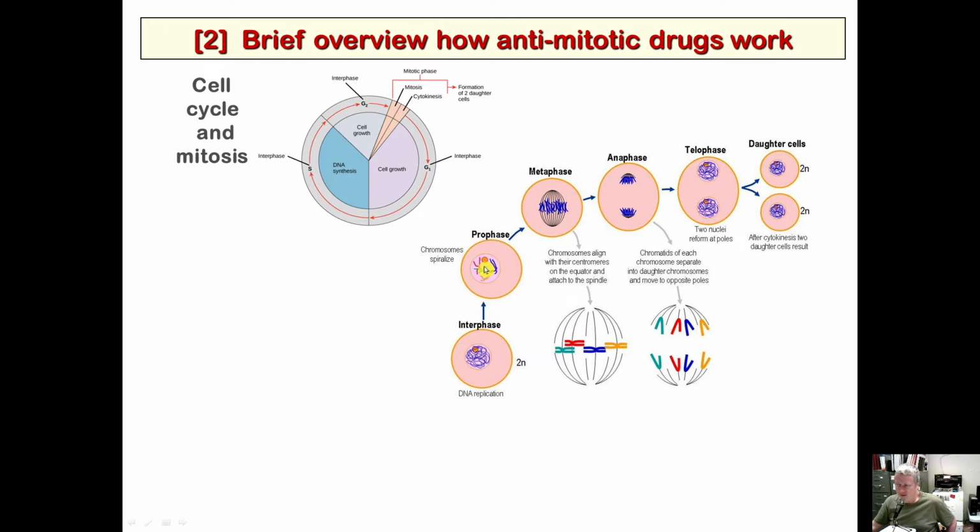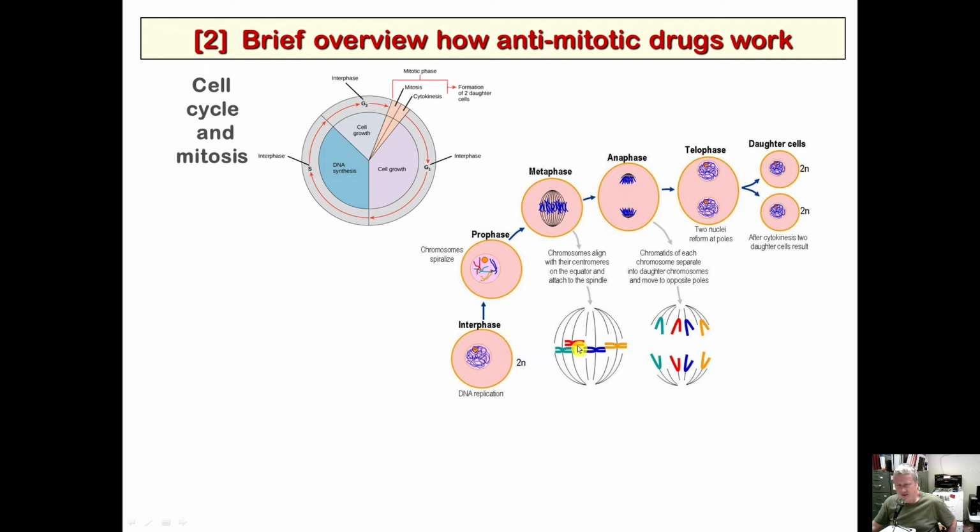And in metaphase, we form this thing called a mitotic spindle that uses microtubules to start separating the two forms of the chromosomes, the two copies of the chromosomes. So it forms this mitotic spindle, and then using the microtubules, the chromosomes get separated into this anaphase part of this.